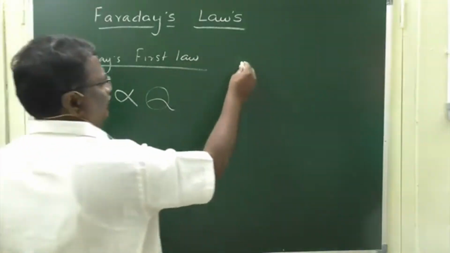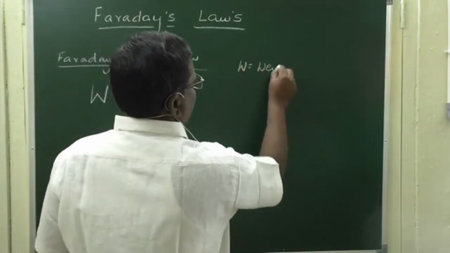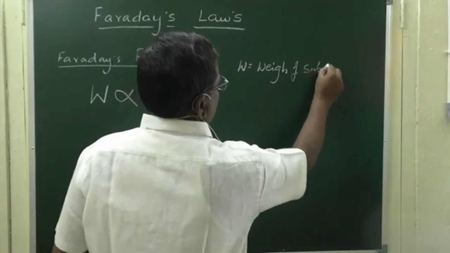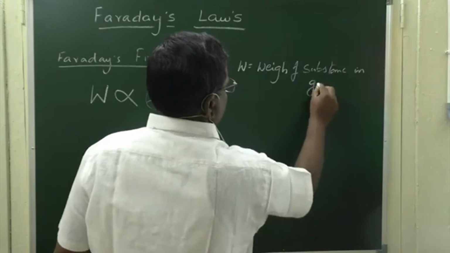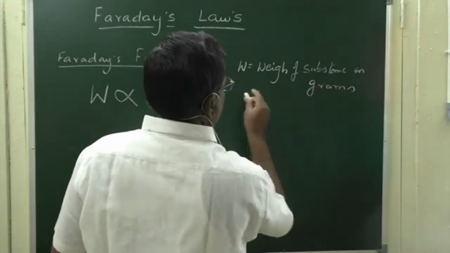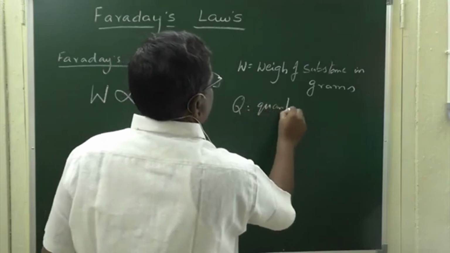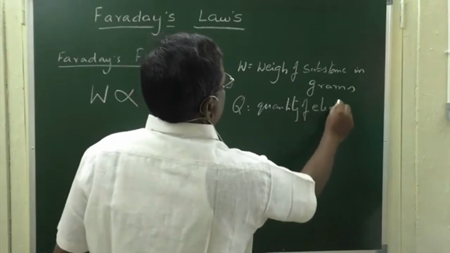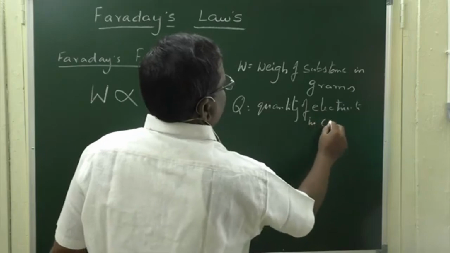Now, W is the weight of substance in grams, and Q is the quantity of electricity in coulombs.